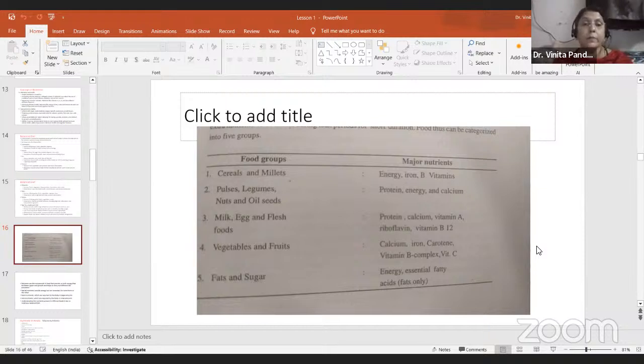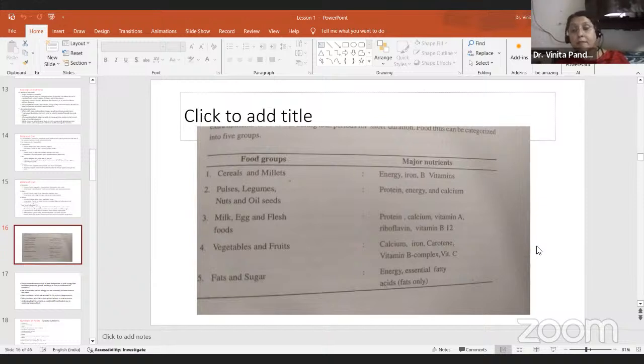Food groups can include cereals, millets, pulses, legumes, nuts and oil seeds, milk, egg, and flesh foods. It is fresh foods actually. It is printed wrong in that. Vegetables and fruits, fats and sugar. You can see what the major nutrients these offer.